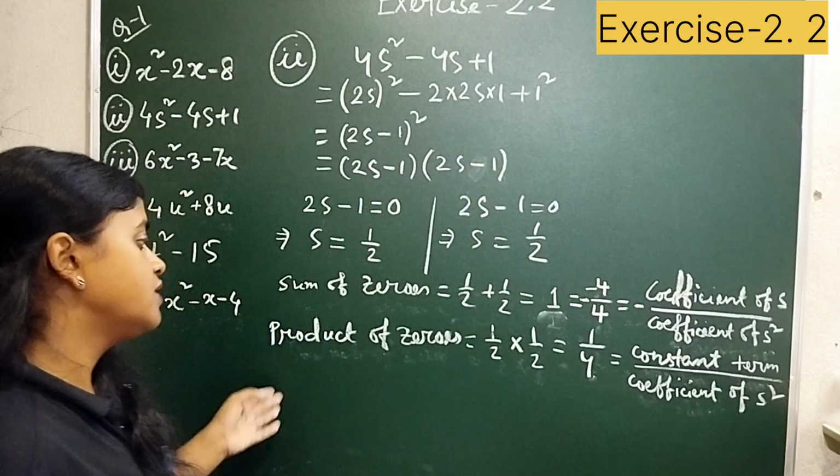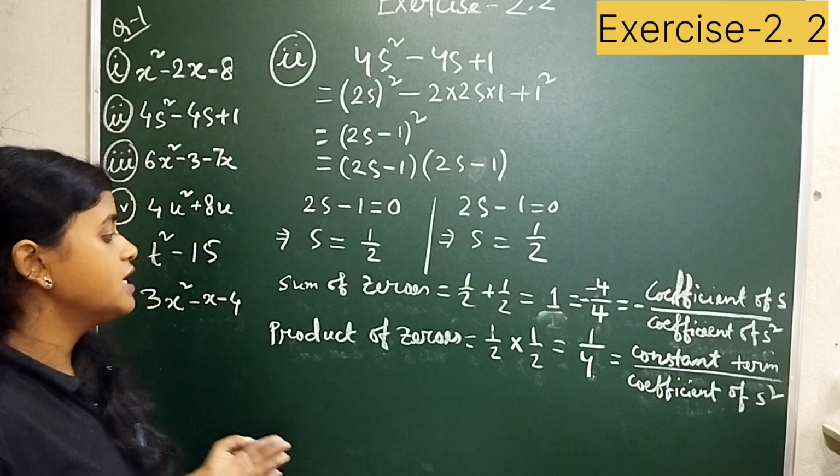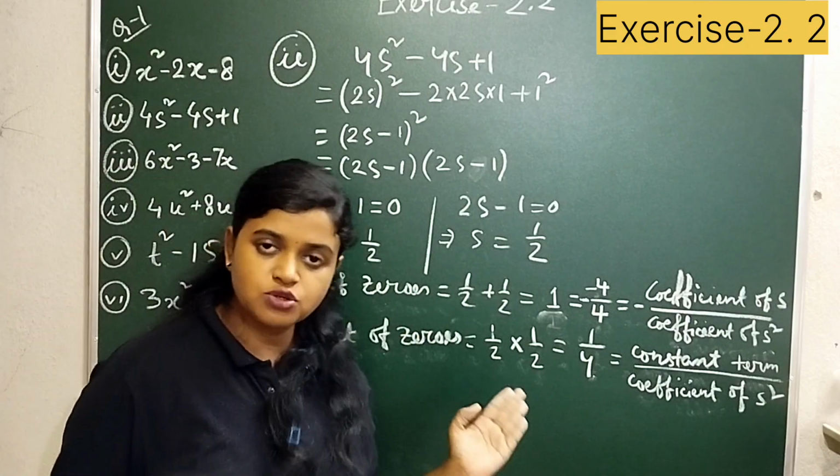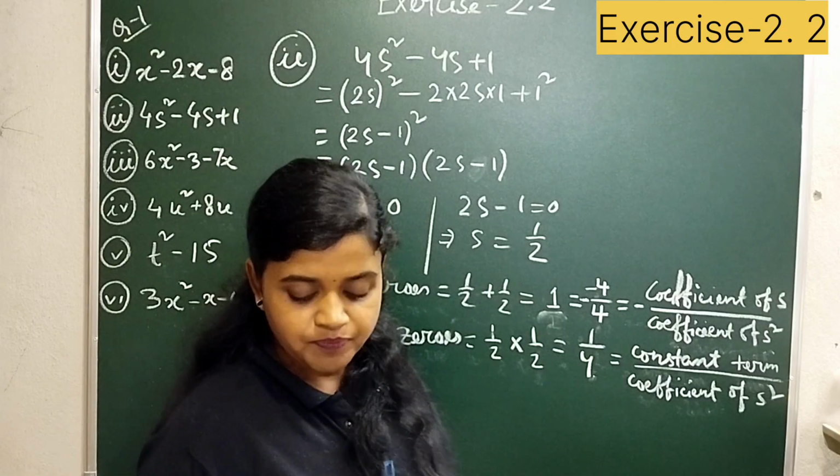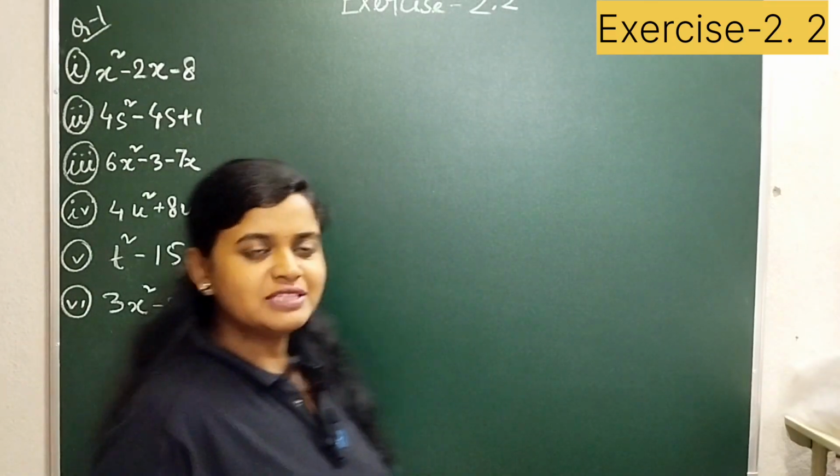Okay, so in this way we can establish the relationship between the zeros of the polynomial and the coefficients of the polynomial. Okay, let us discuss question number 3.